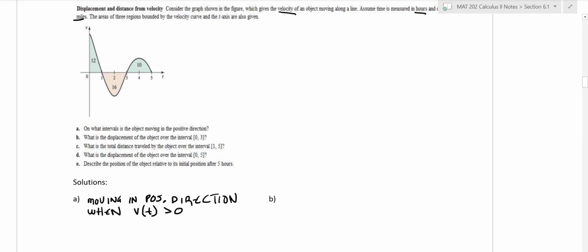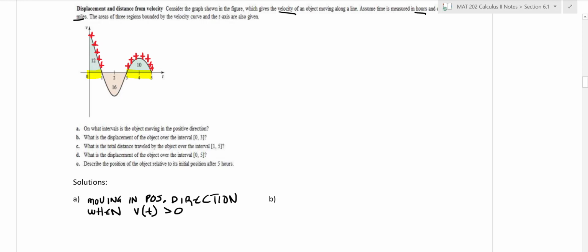If the velocity is 0, you're not moving at all, right? So what you're going to find on this is the velocity is positive in these regions here. So you see all of these values right here are positive. The velocity is positive there. Velocity is positive here. So you would have to name those intervals. So the intervals you would name would be from here to here and here to here.